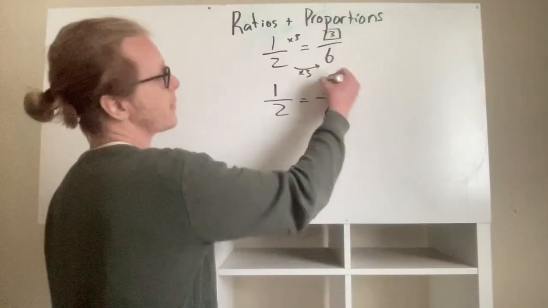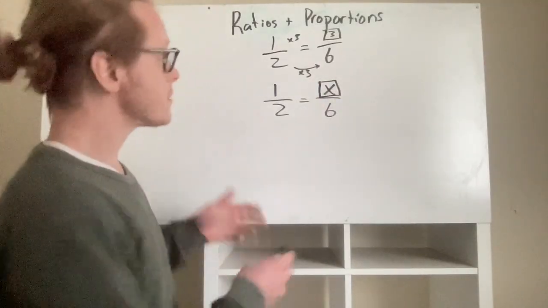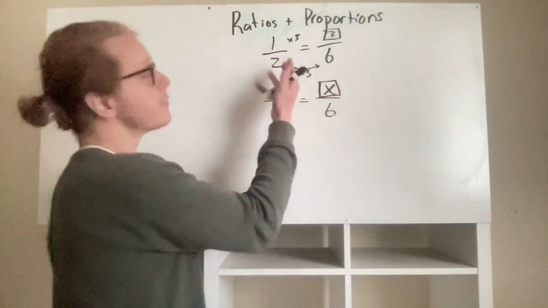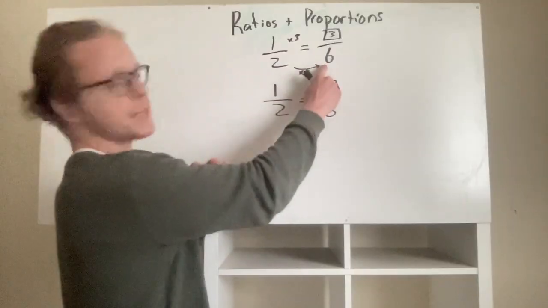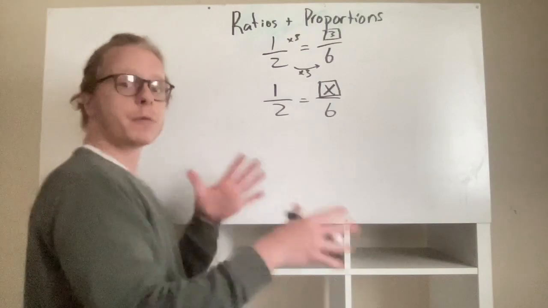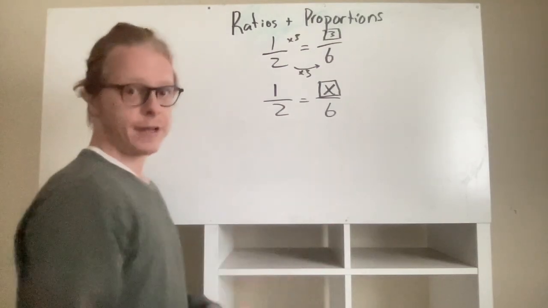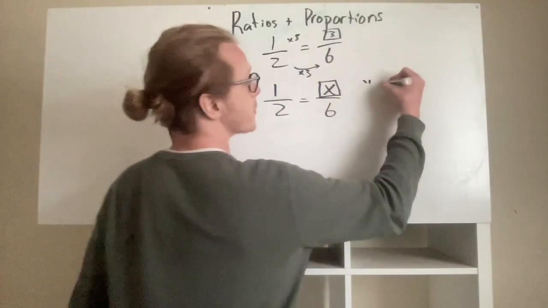Think about it like an empty box, okay? Sometimes we could just look at the proportion and it screams at us, right? Because I'm like, oh, 2 times 3 is 6. So I'm going to do 1 times 3 and get 3 here. But the numbers don't always work out so nicely, so we want to have a different tried and true method that we can always do, and that's called cross multiplication.